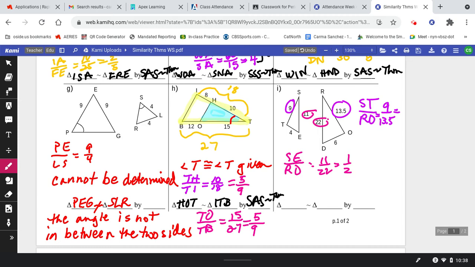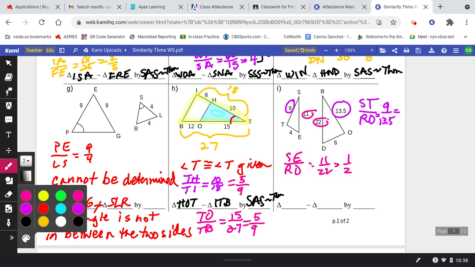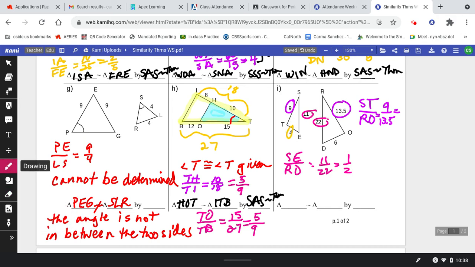Uh-oh, you noticing something here? And then finally, we have this guy down here, TE to DO is a 4:6 ratio. So I've got 3 different side ratios, 9/13.5, 1/2, 2/3.